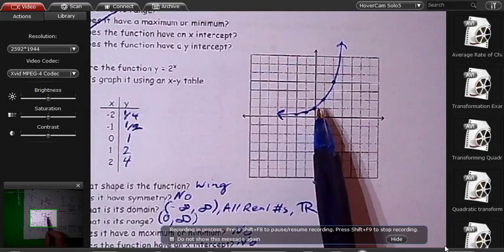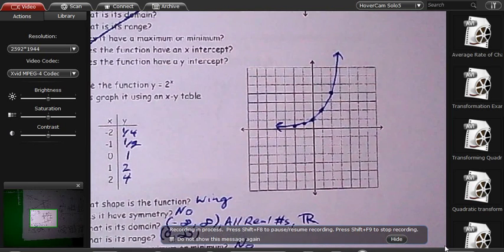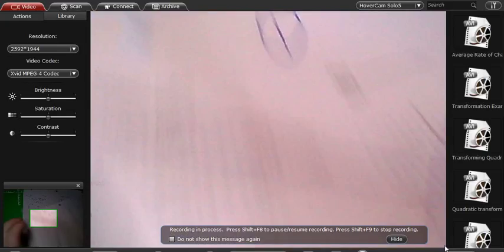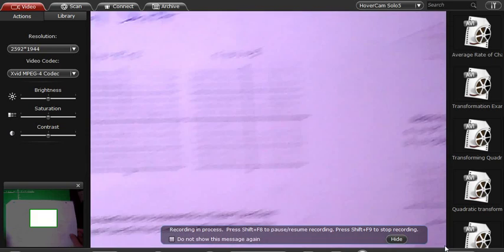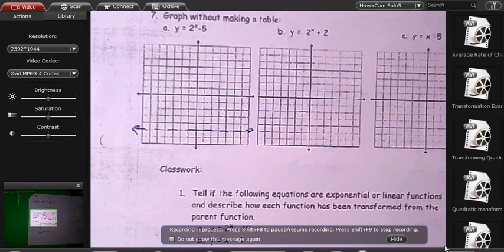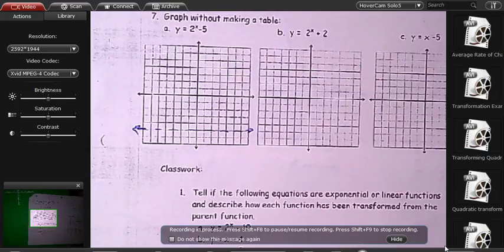That's important. We're going to call that point the shift point. Listen to me. It's very important. This point that is 1 unit above the asymptote on the y-axis is going to be our shift point, and it stays the same as long as the a value is 1.